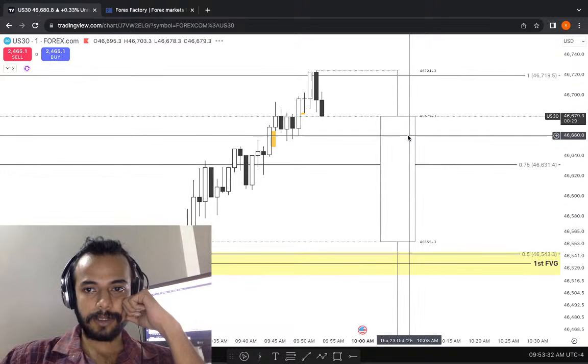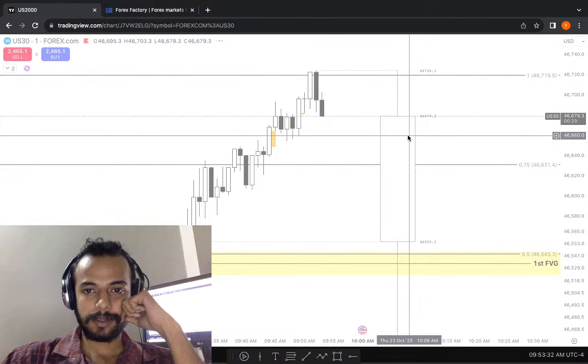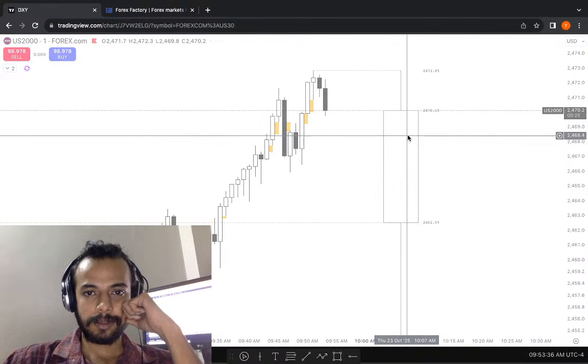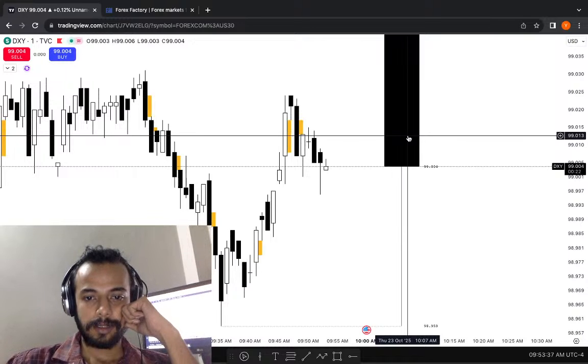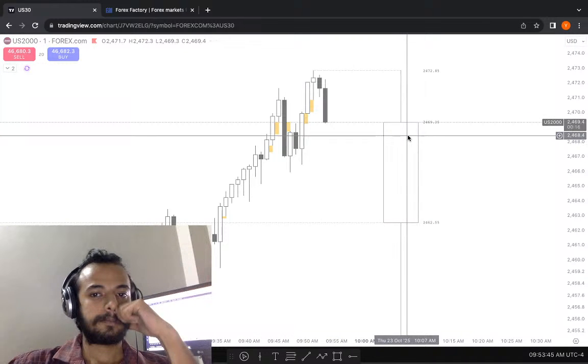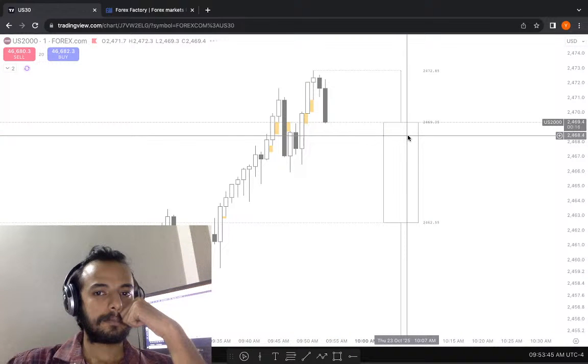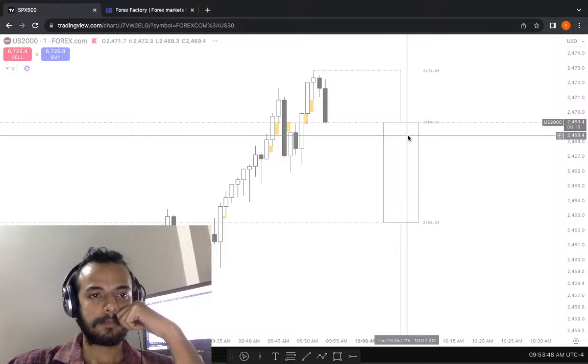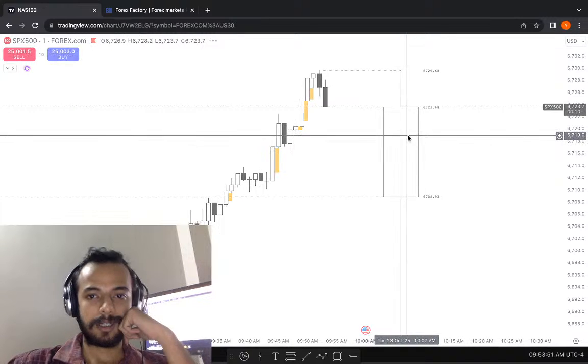Okay, now US 30 is... Look at that, it is moving lower.